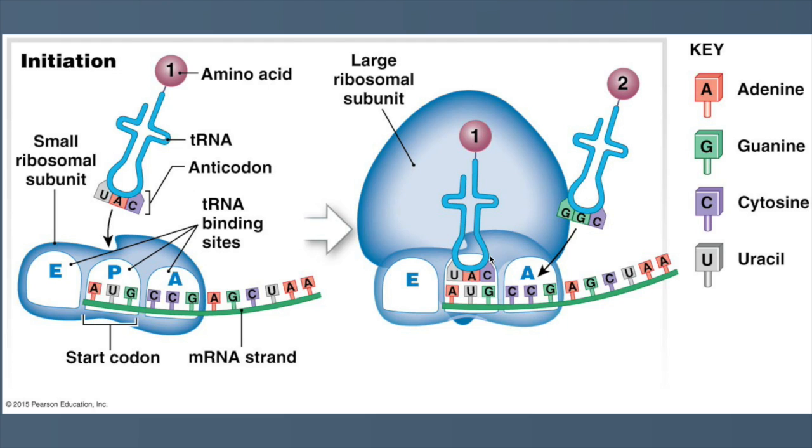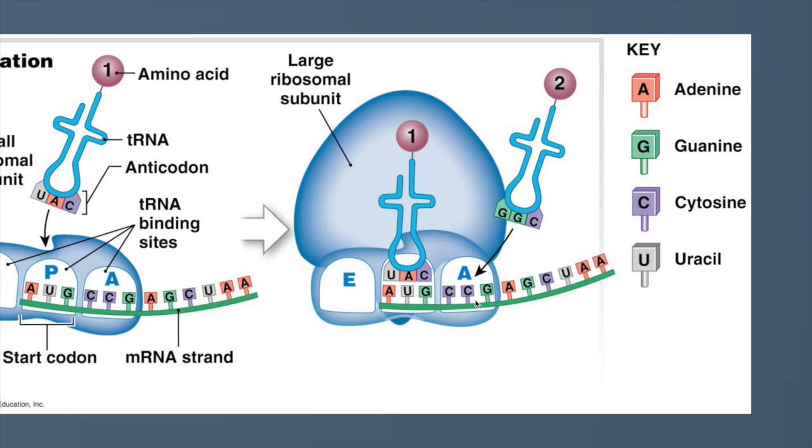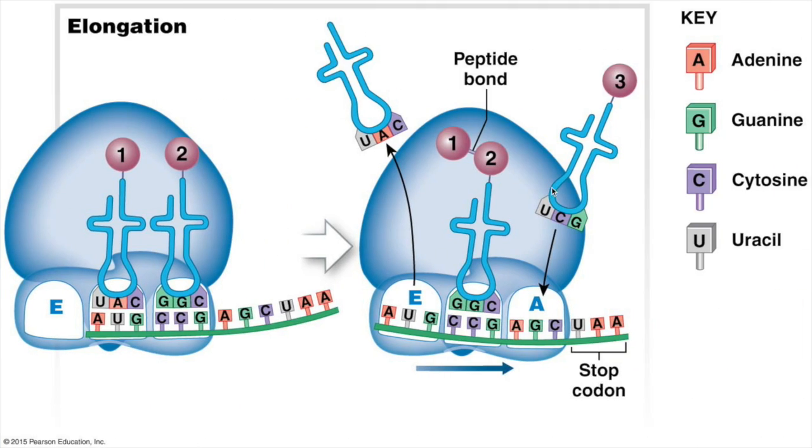The codons, this right here, 3 nucleotides is called a codon. That pairs with an anticodon. And that's how we ensure we get the correct amino acid there. So we make the right protein. And the amino acids are joined together by peptide bonds.